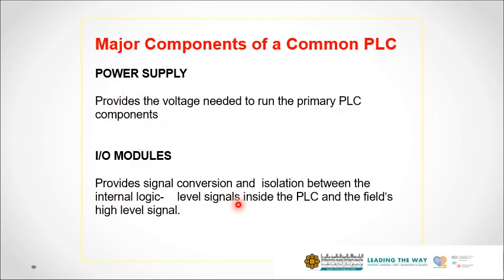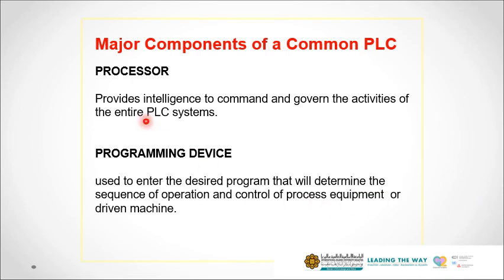I/O modules are mostly used to convert the logic level so that it is applicable for the PLC, and when it goes to drive any actual output, it will also convert from the PLC level to one that is suitable for that particular output device.